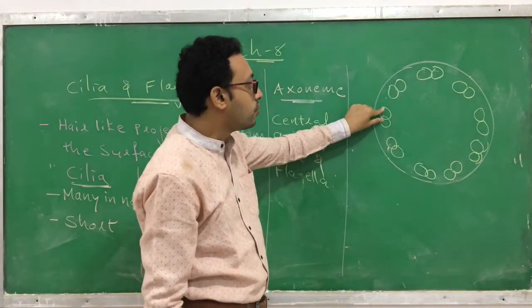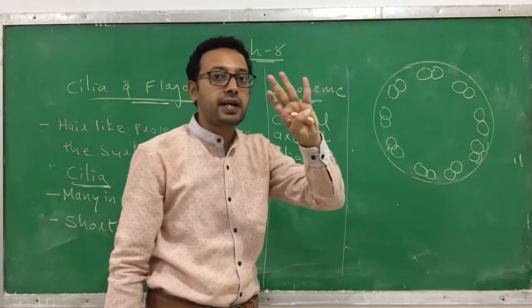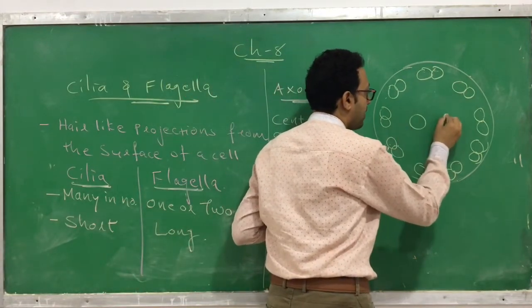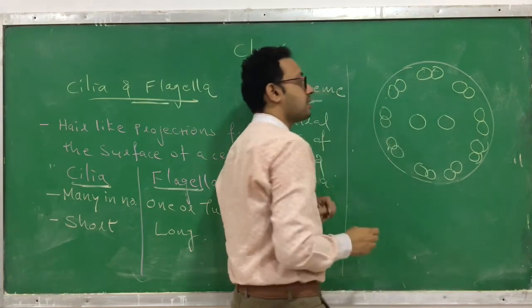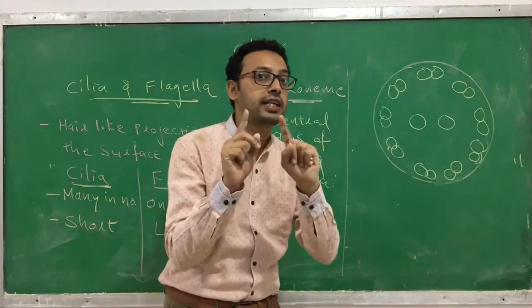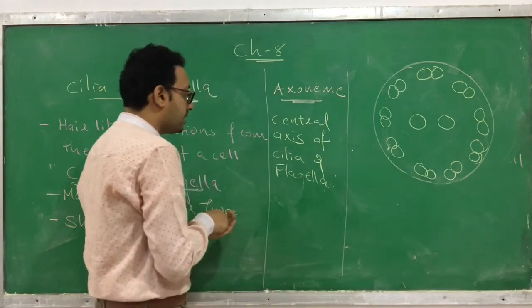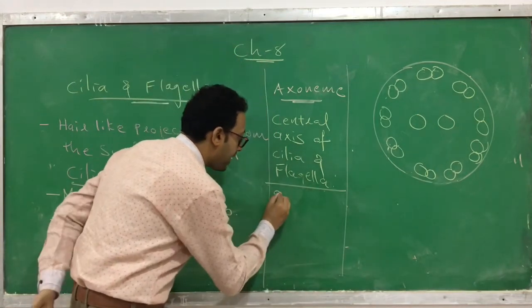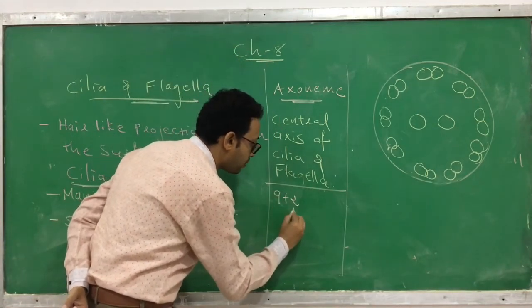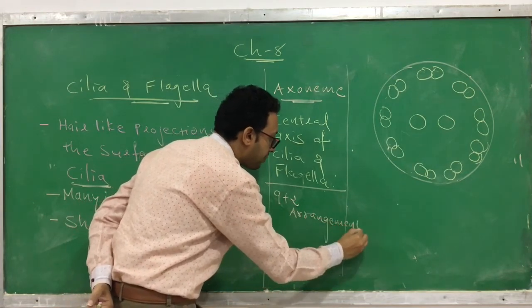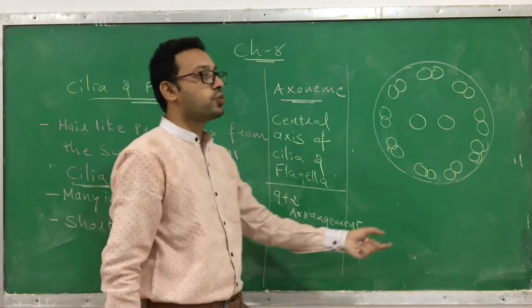Pair means 2. So how many pairs? 9 pairs are present. And in the center, there are 2 individuals. They are not in a pair. Such an arrangement is called a 9 plus 2 arrangement. What is a 9 plus 2 arrangement?